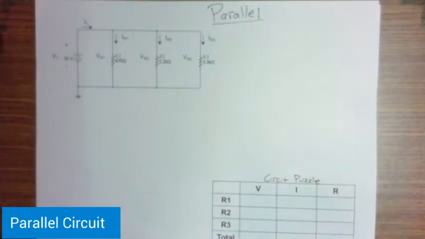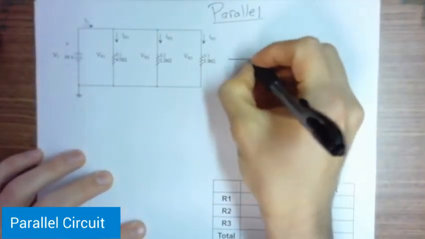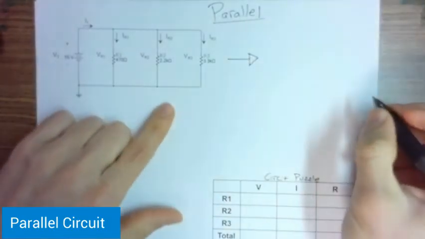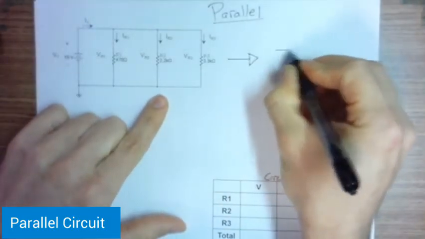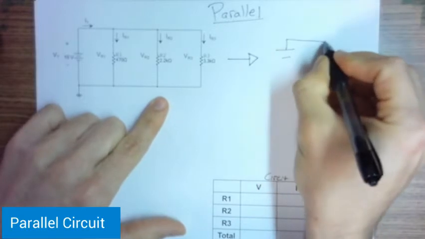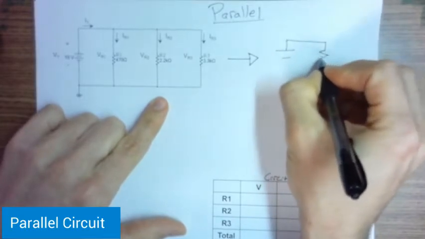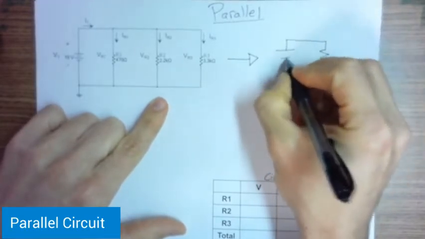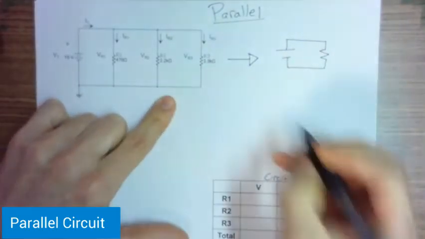We want to collapse the circuit. And this is where it gets a little dicey. So when we collapse this, again, we want to simplify it so that we would only have to put in one resistor that would be equivalent to all three of these in parallel.